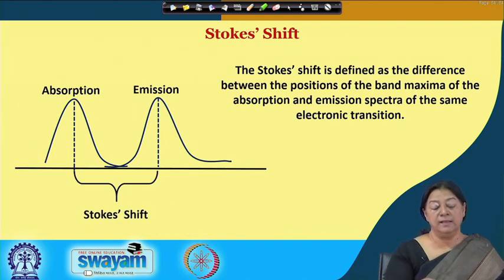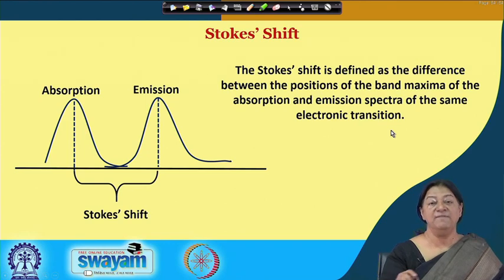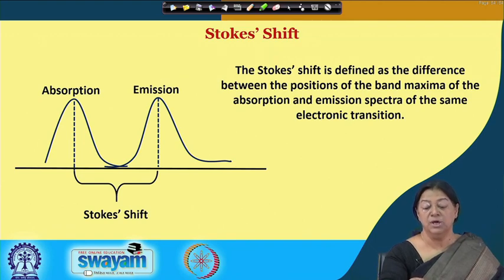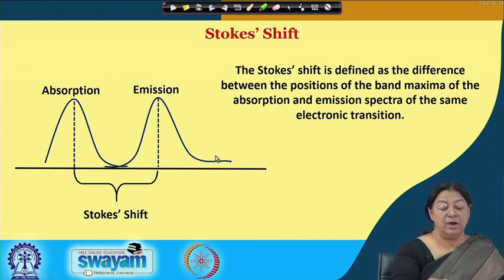Another term that we have: we looked at an electronic transition. Now, when we have absorption and emission in terms of the fluorescence spectra that we are going to talk about, the Stokes shift is defined as the difference between the positions of the band maxima of the absorption and the emission spectra of the same electronic transition. There is one thing that needs to be noticed here.